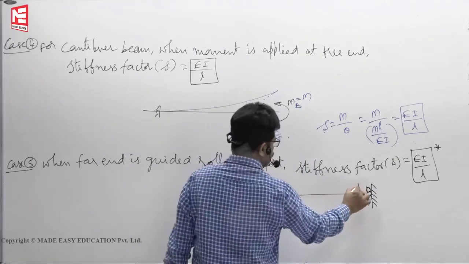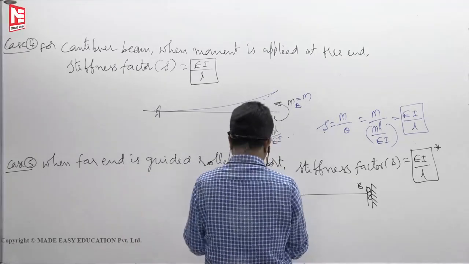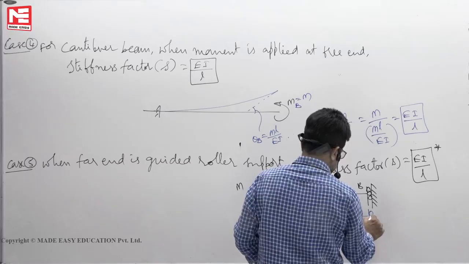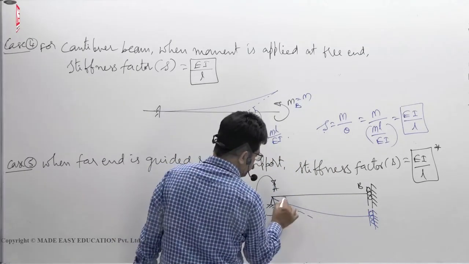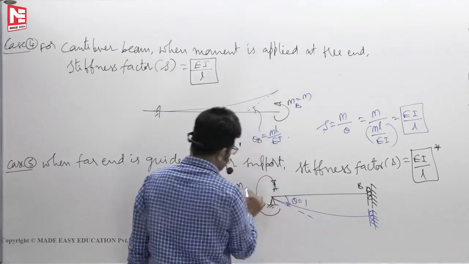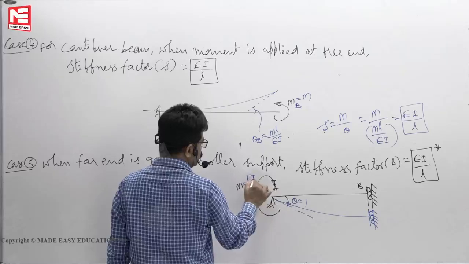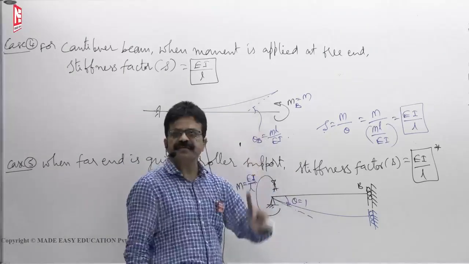This point, let us say A, B, M. For this theta to become 1, moment M is EI by L. If you apply EI by L amount of moment, automatically theta becomes 1.